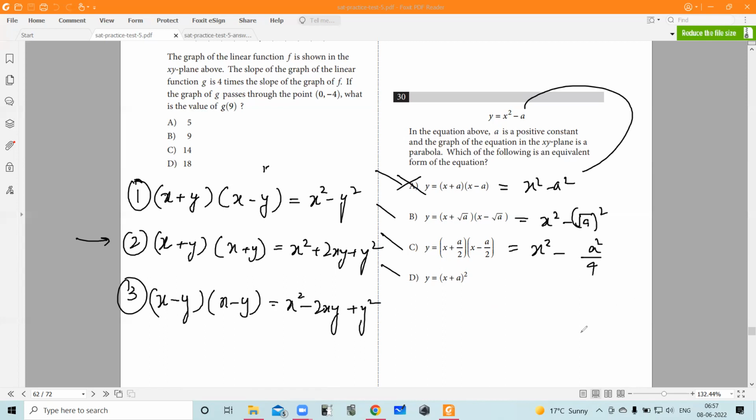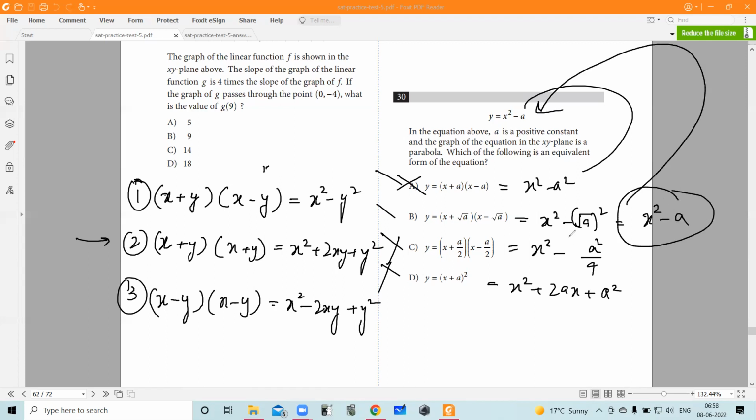Yes, a squared over 4. And then D would be x squared plus 2ax plus a squared. So option D is not the right answer. Option C is not the right answer. It is option B, x squared minus the square root of a squared, and that's x squared minus a, yes.